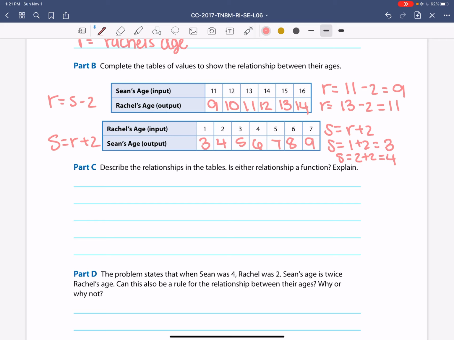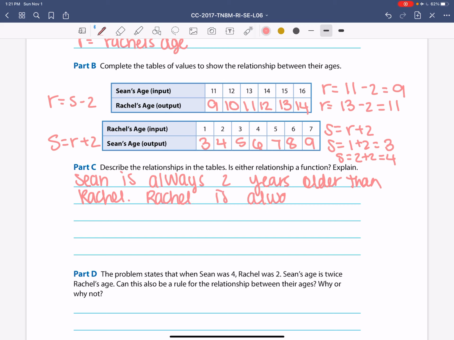So Sean is always going to be 2 years older than Rachel. And Rachel is always 2 years younger than Sean. Okay, so if you use any age for Sean as an input, Rachel will always be 2 less.